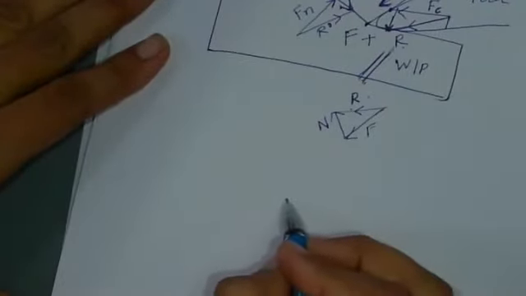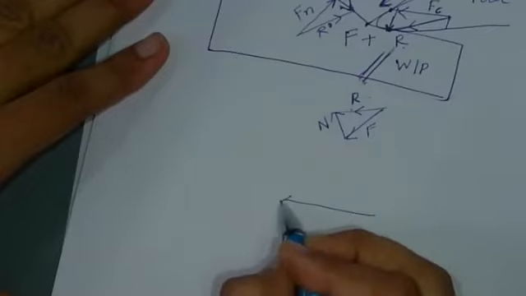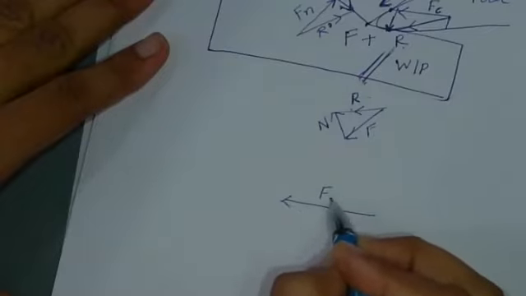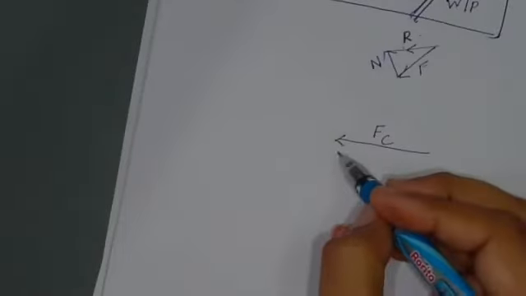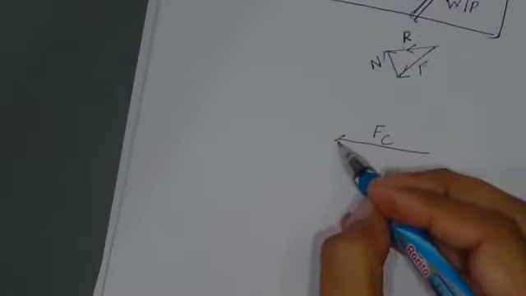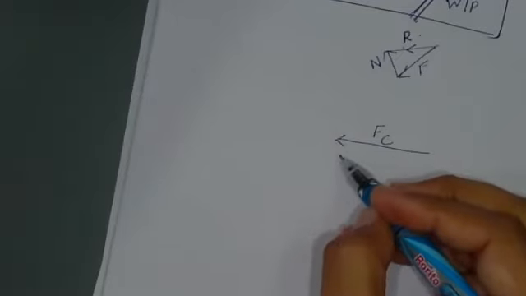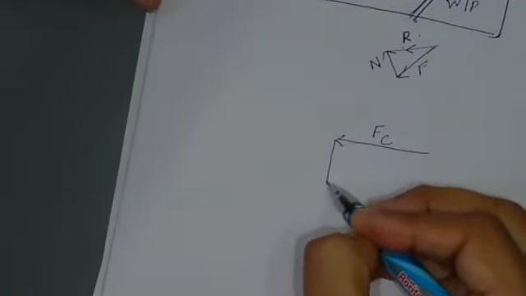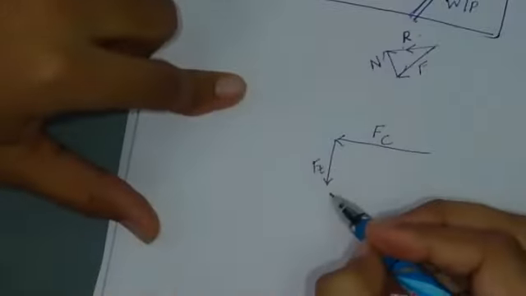Let's say this is the force Fc, and with Fc there is a perpendicular force Ft, that is the thrust force applied by the cutting tool.